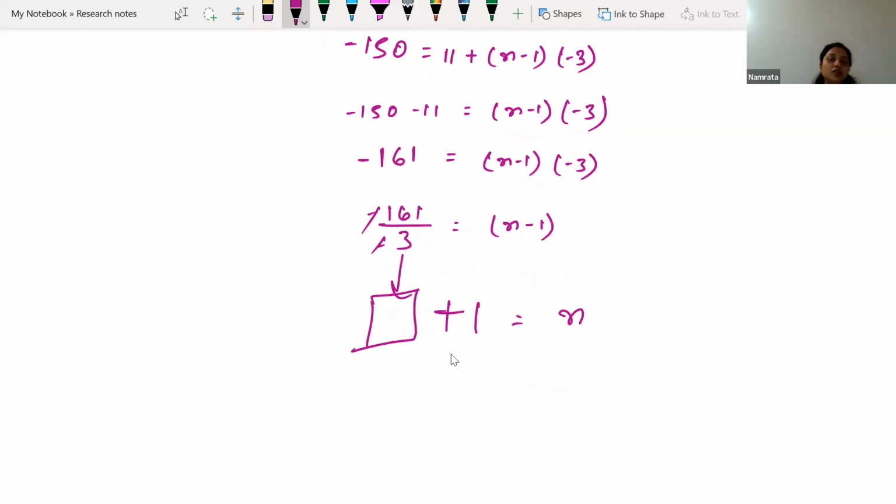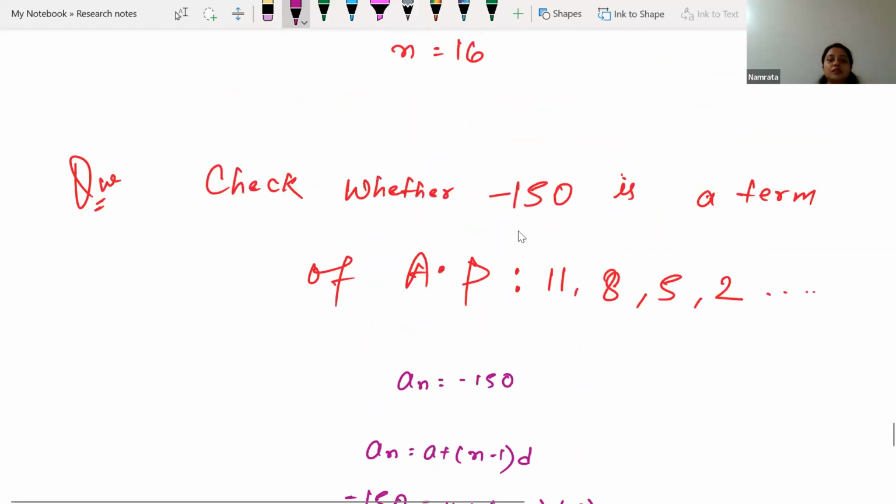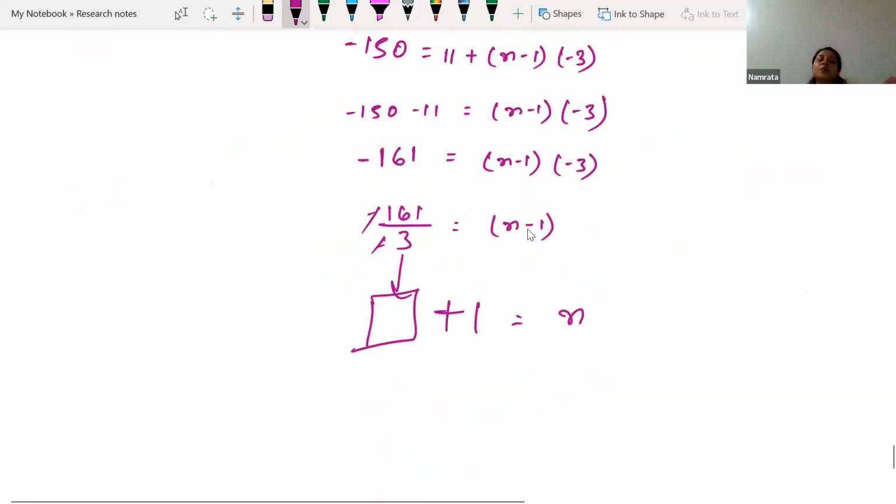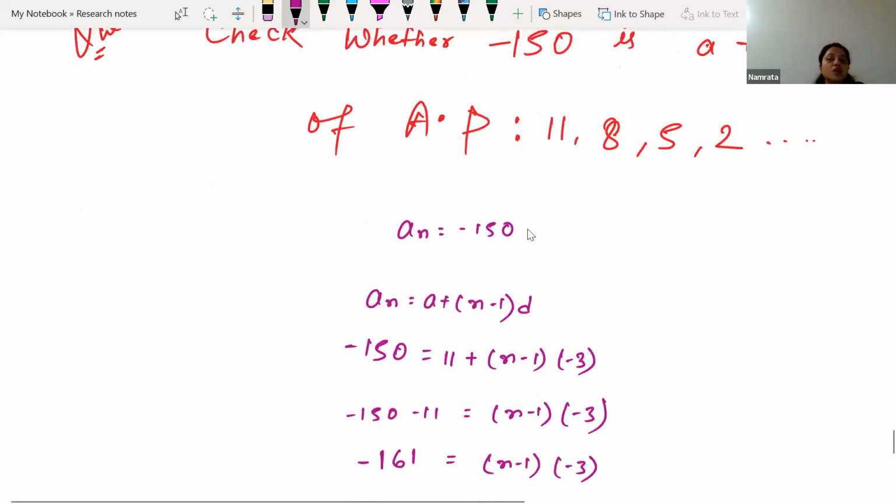So the number of the term, like second, third, fourth, fifth, seventh, eighth, 20th, 30th, whatever is the nth term, that is minus 150 that we have assumed, and here the n value we are getting in decimal. That is not possible, right? Because we start counting from the first term, second term, third term. We count like this. This is our n. If n is 54.67th term, that doesn't exist over here, right?